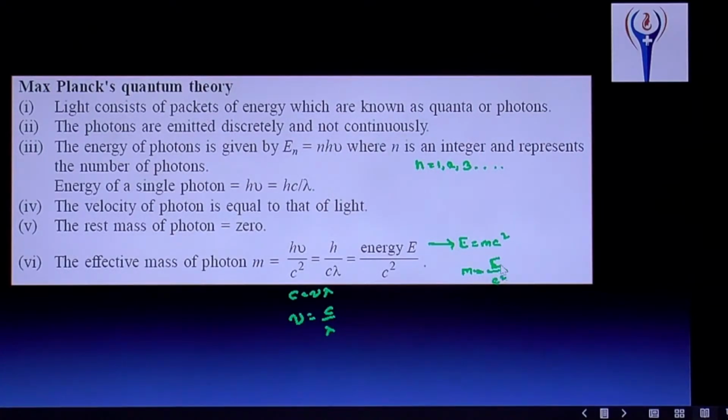E equal to h nu, so it is given as h nu by c square, and nu by c equal to 1 by lambda. So h by c lambda, and h nu is energy, so energy by c square.